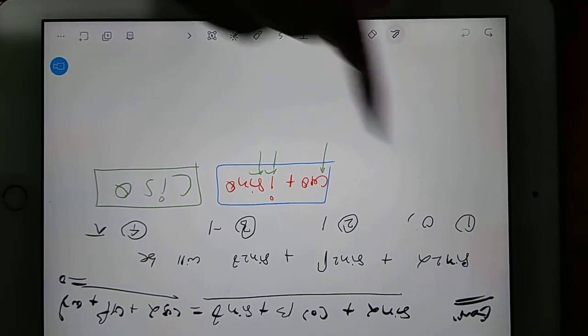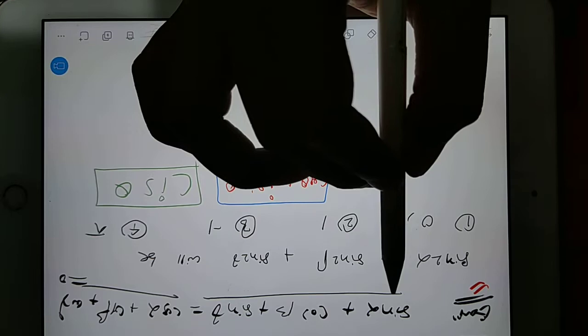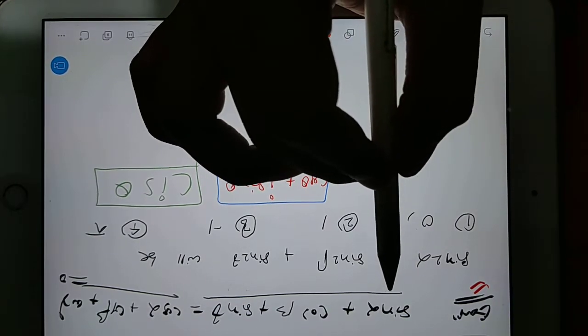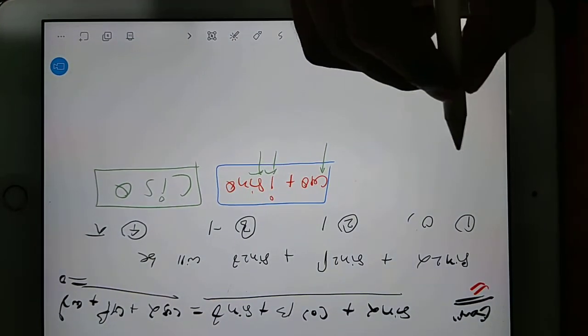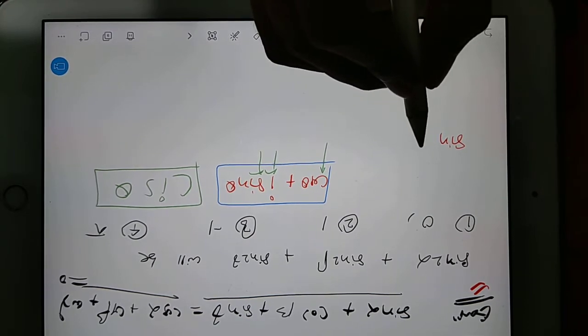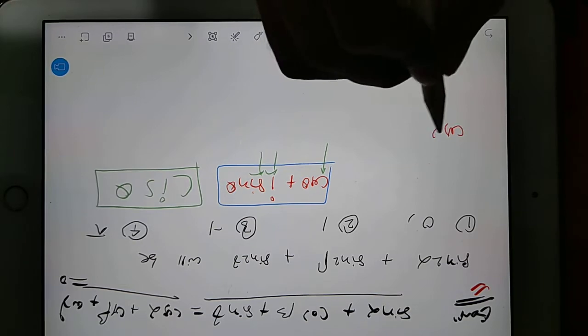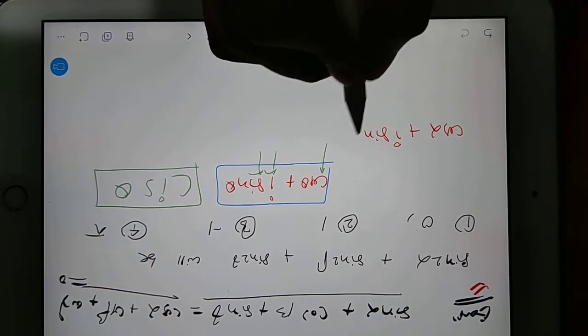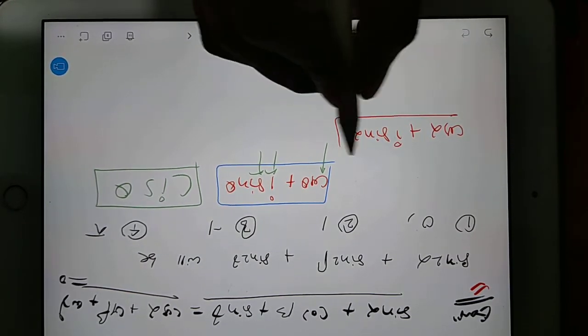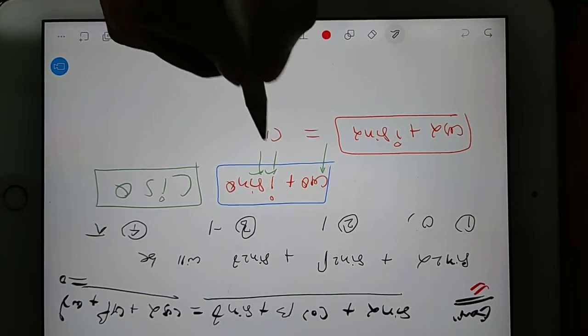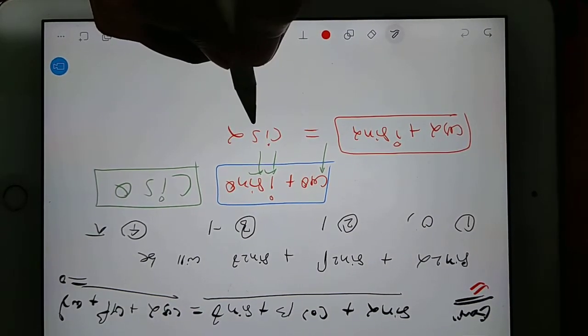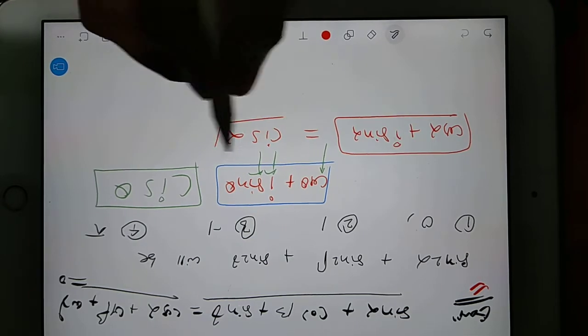So these kinds of questions we do by using some tricks. Suppose anywhere it is written cos alpha plus i sin alpha, I will write it as cis alpha, so that we use less space and it is easy for us.